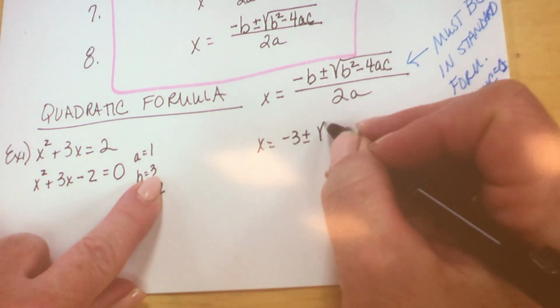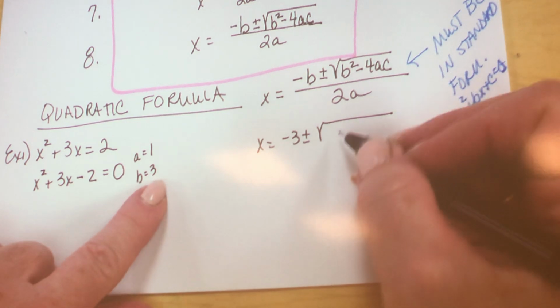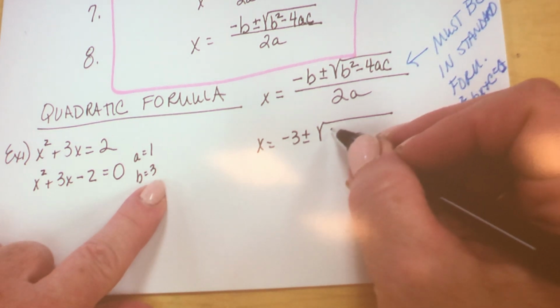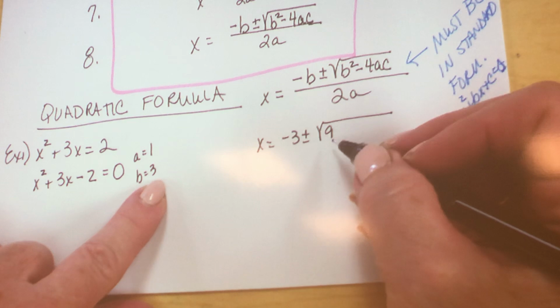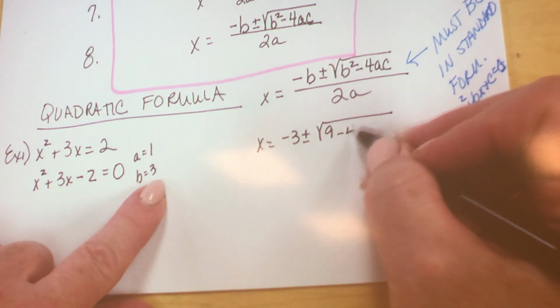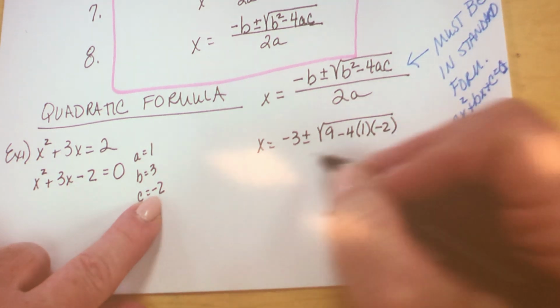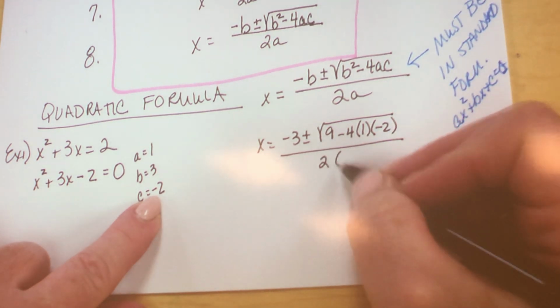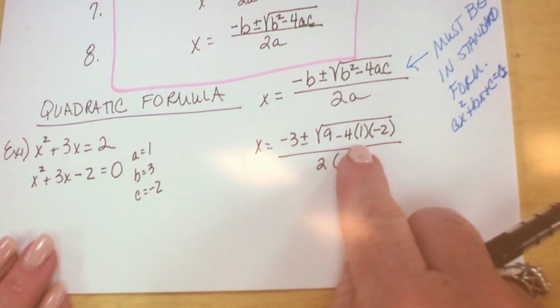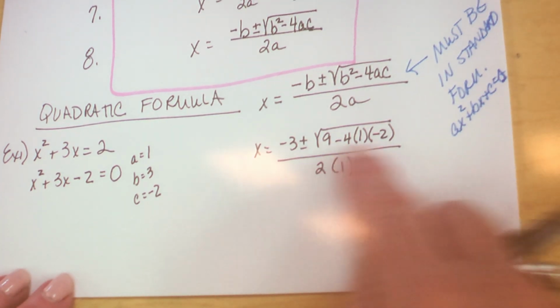Plus or minus the square root of B squared. 3 squared is 9. Minus 4 times A, which is 1, and C, which is negative 2. All over 2 times 1. I normally just go out to the side of my paper and do a little chicken scratch.